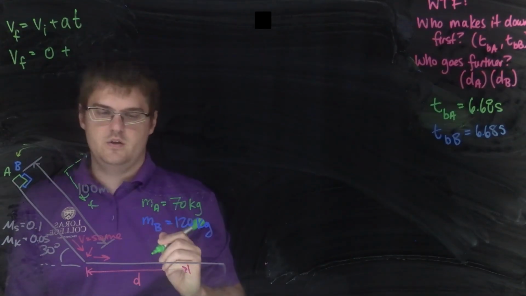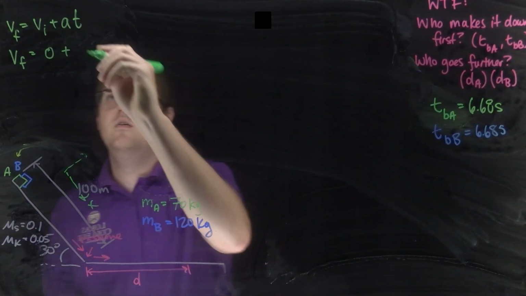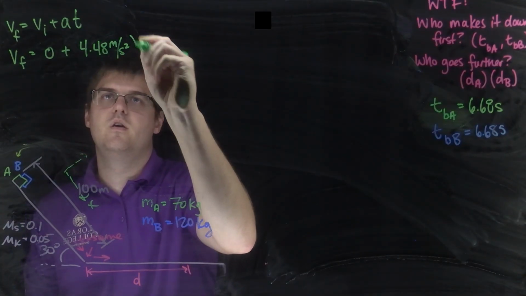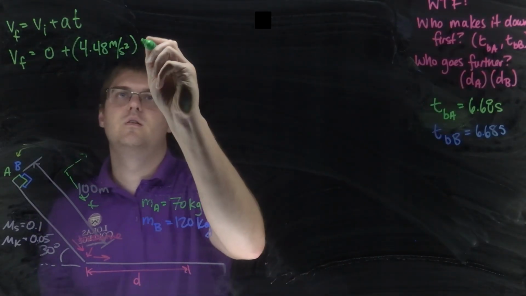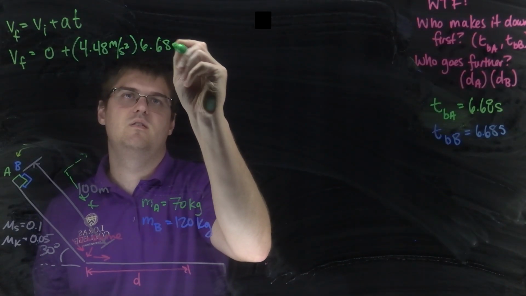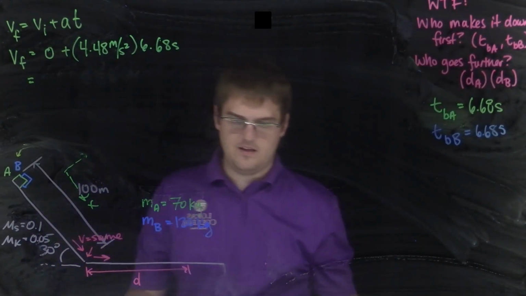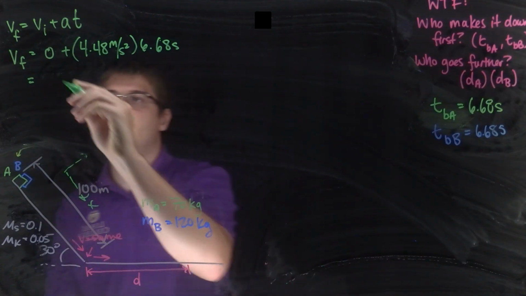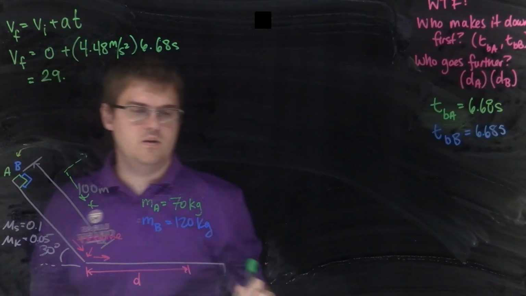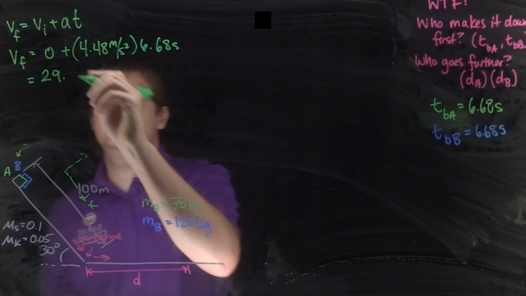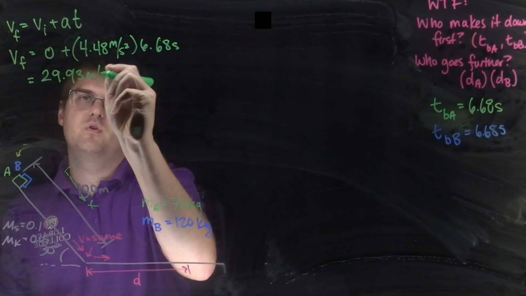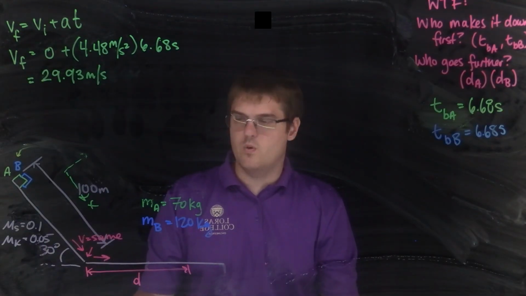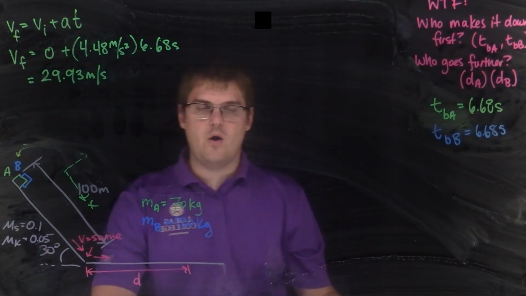My acceleration is 4.48 meters per second squared, and my time is 6.68 seconds. And that gives me a velocity of 29.93 meters per second. That is my velocity at the bottom of the hill, which is the velocity that I assume I have going straight. Now, how is it going to slow down?